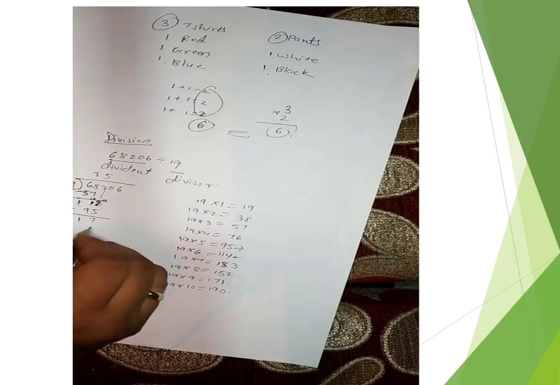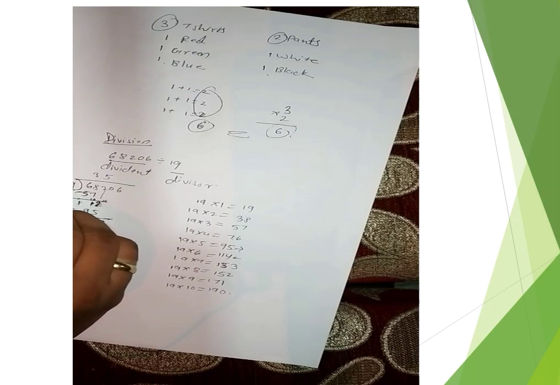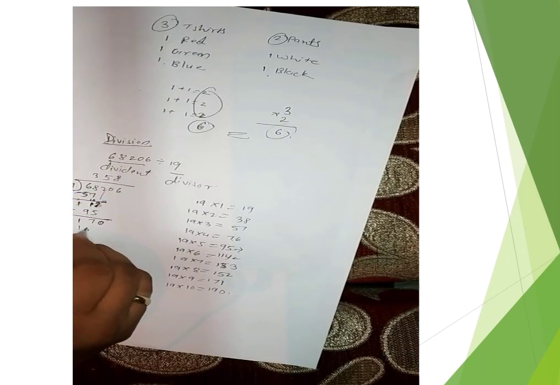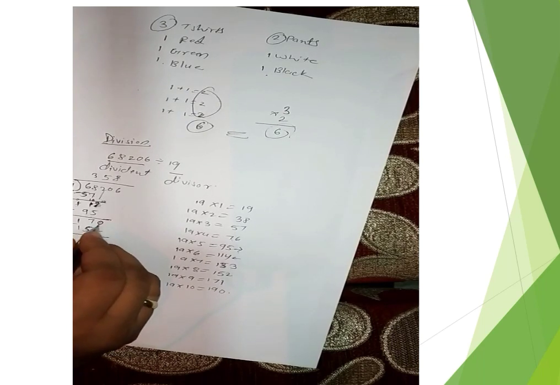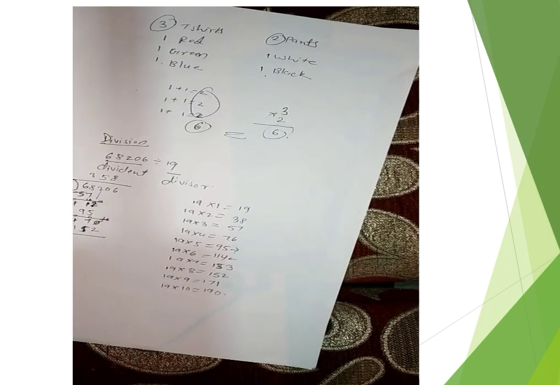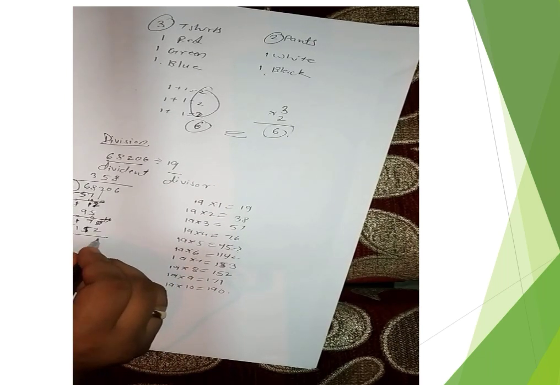Right? So we will bring 0 down. 19 into 8 is 152. Now again subtract here, and we get 8.